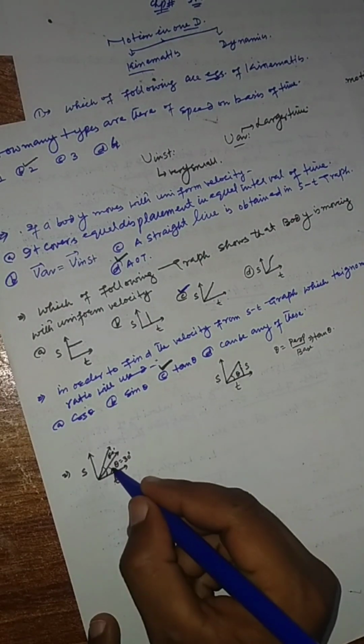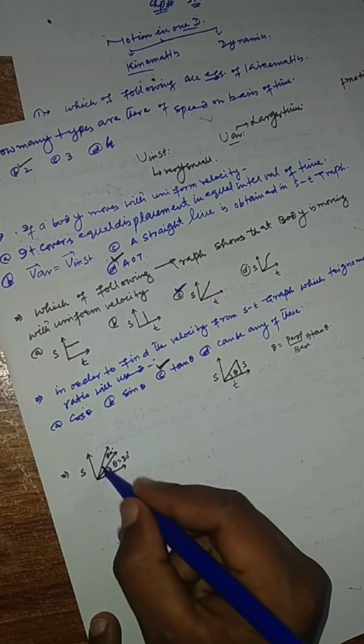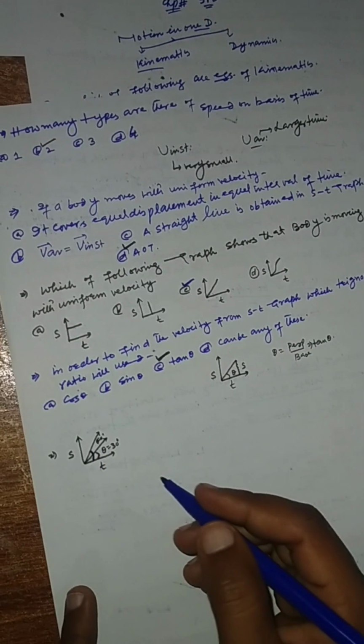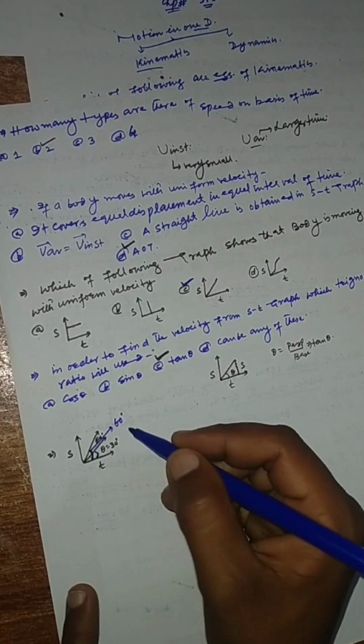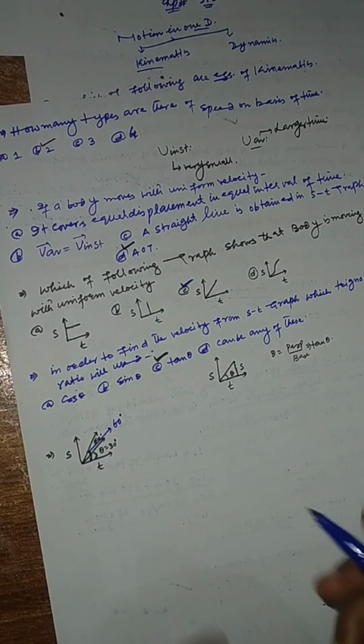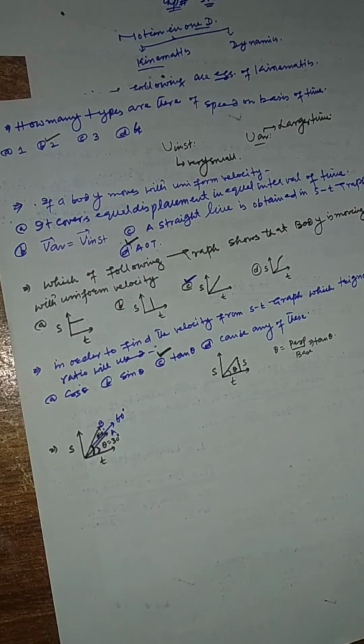Let me correct: this is angle 30 and this is angle 60. This is A, let's say this is B.